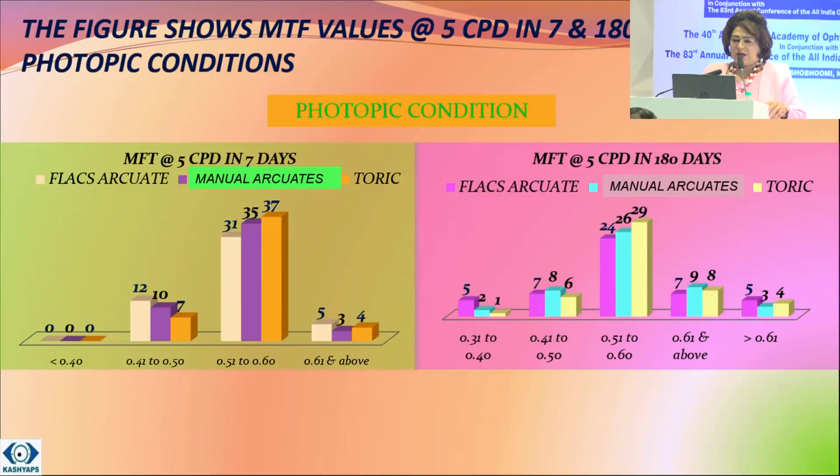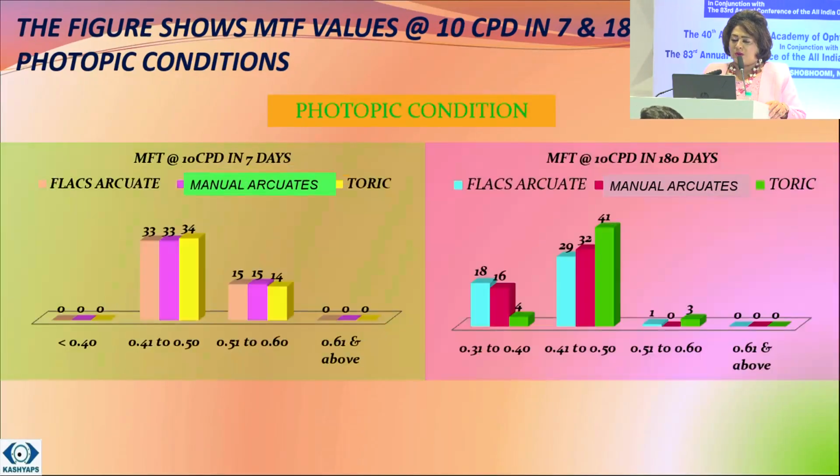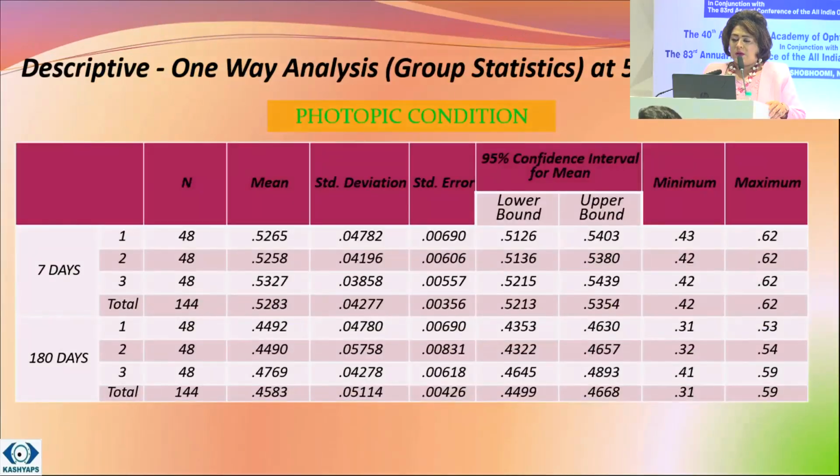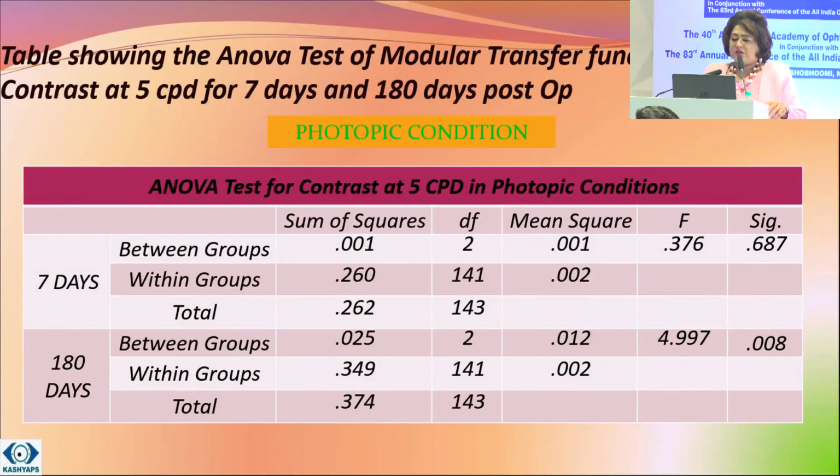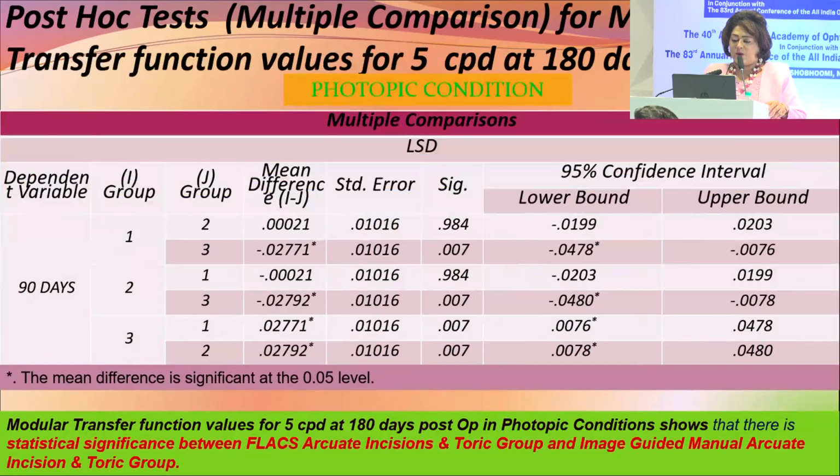This is the graph showing MTF values. This is the one-way analysis at 5 CPD in photopic condition. This is the ANOVA, and again ANOVA shows the significance at 180 days.